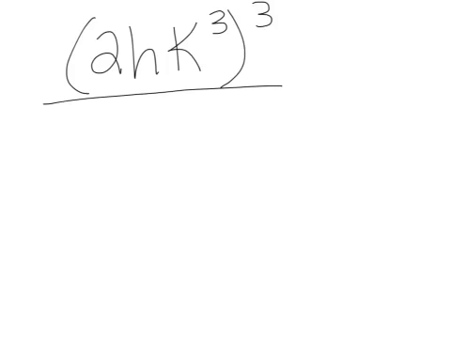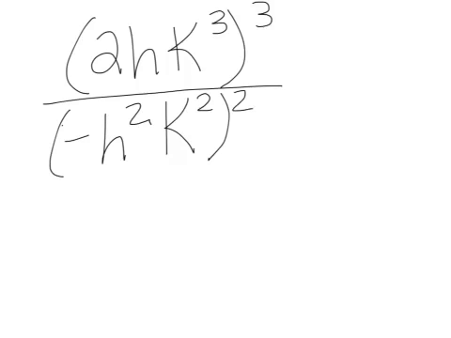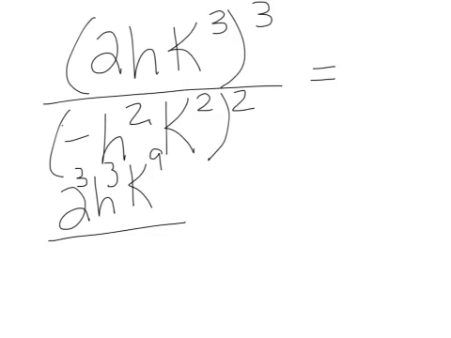Another example, 2hk cubed, all cubed, over negative h squared, k squared, squared. Again, remember we have to raise everything to the third power. So that will be 2 to the third, h to the third, k to the ninth, over. A negative number squared is positive.